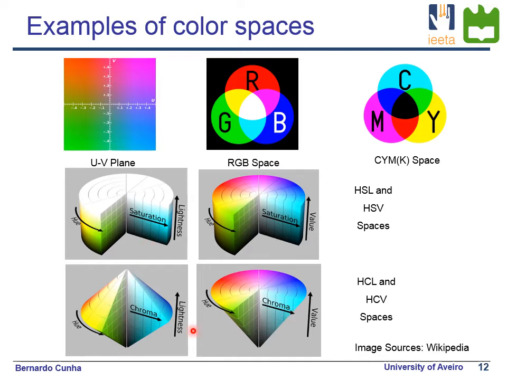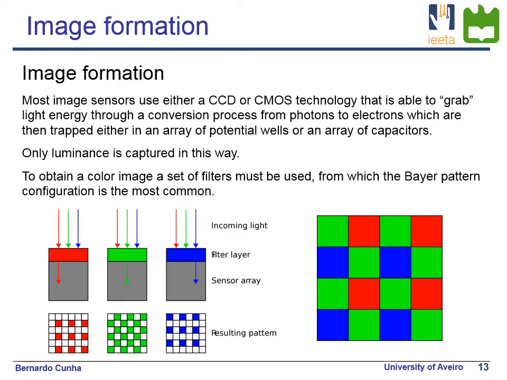And here are also different alternatives for representing color spaces, and you can convert between all of them in order to manipulate information according to the best color space depending on the application you have. Although we haven't discussed that in detail, one important thing is that the image sensors used today, either CCD or CMOS technology, are actually able to grab light energy only.